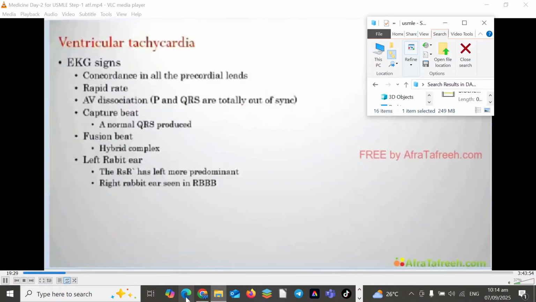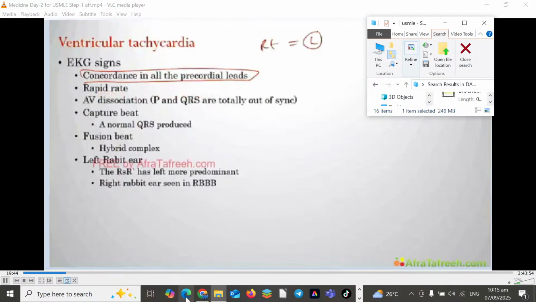So these are the signs which are present in cases of ventricular tachycardia. Something called concordance in all the precordial leads means the right leads are equal to the left leads, that is, V1 is equal to V6. They appear similar to each other.